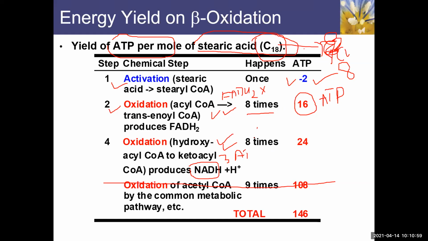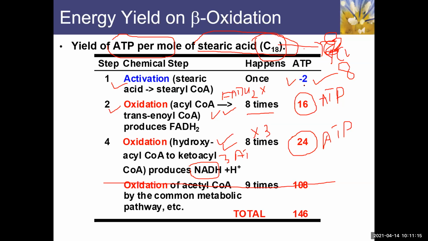So 8 multiplied by 3 is equivalent to 24 ATPs I produce. Is it clear? And remember, I have used 2 ATPs here, which I will come to later on.